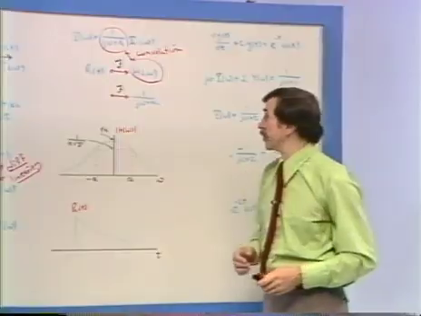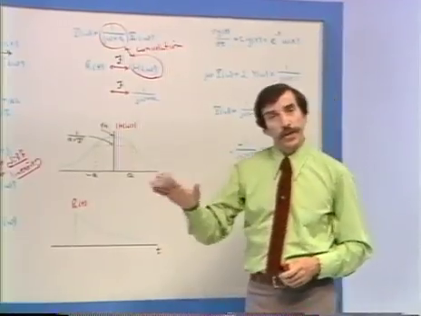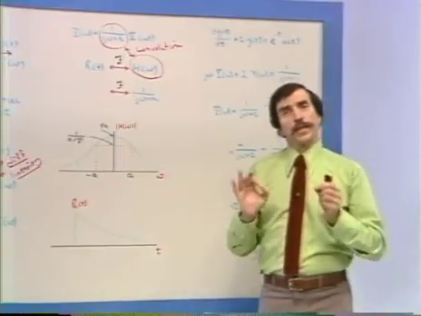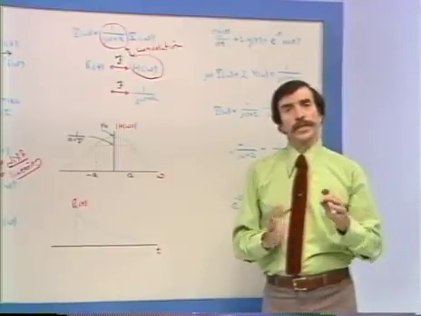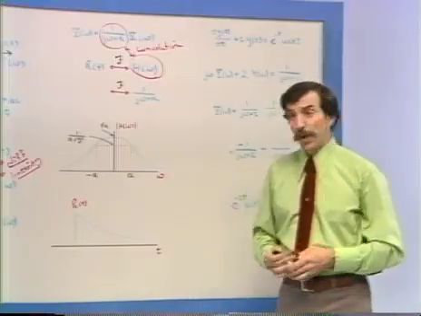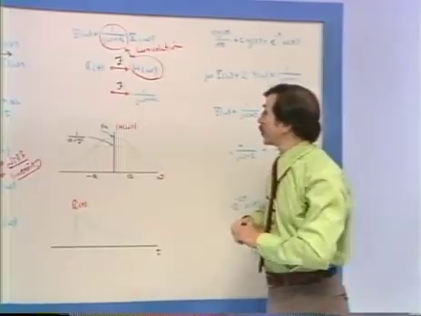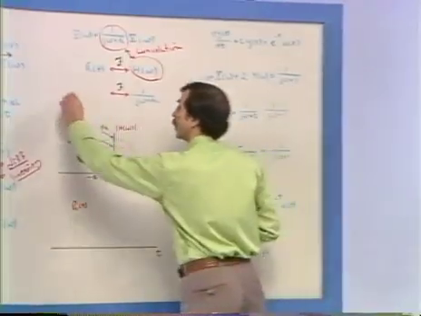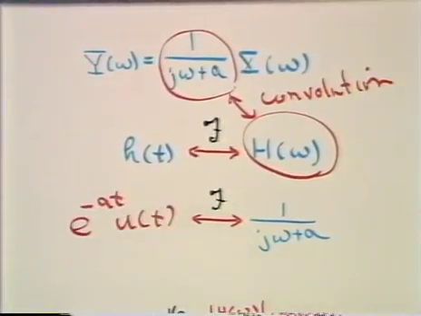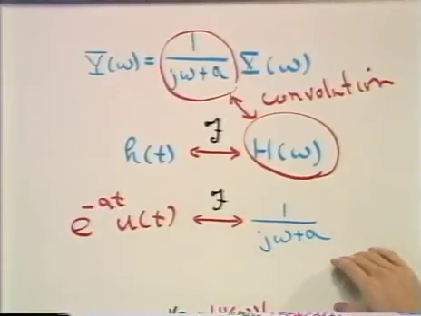So what that says is, remember that we worked an example, and in fact I showed you the example earlier in the lecture, that the Fourier transform of e to the minus at times a step is 1 over j omega plus a. So what is the inverse Fourier transform of 1 over j omega plus a? Well, it's e to the minus at times a unit step. And that's just simply remembering, in essence, this particular transform pair.